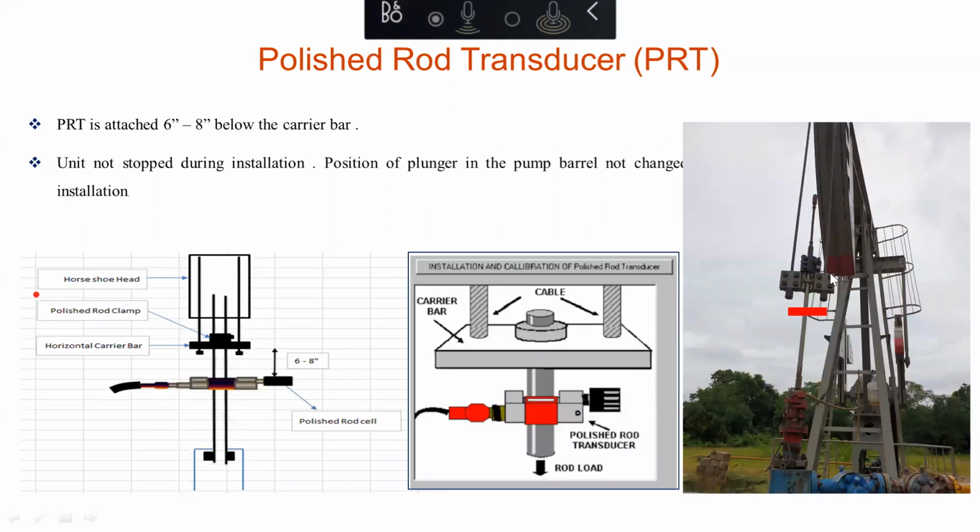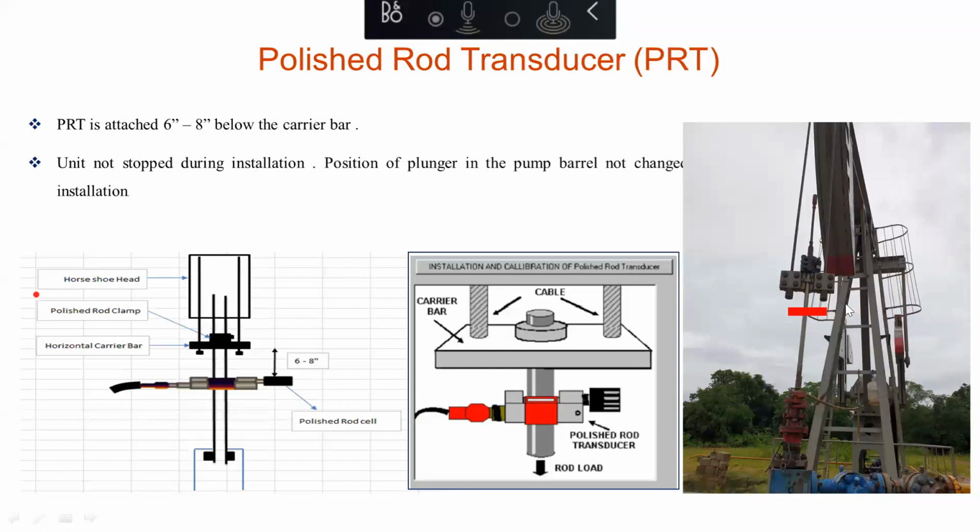If your SRP has a higher SPM, you may want to stop the unit for safety purposes. But when you stop the unit and put on your polish rod transducer, you should wait for a minimum of 8 strokes before you record your load.